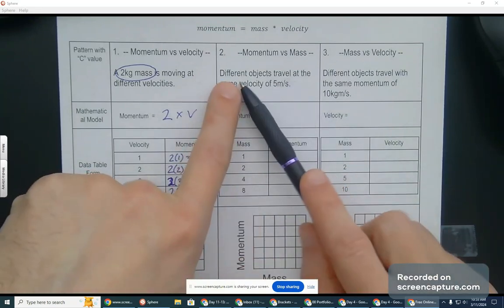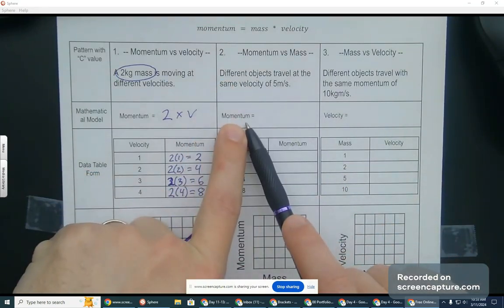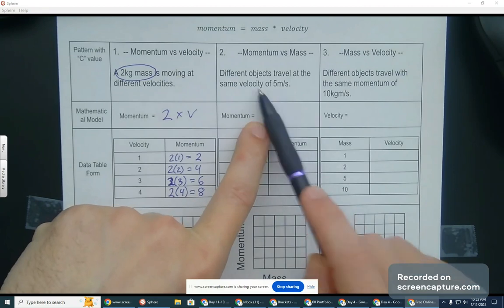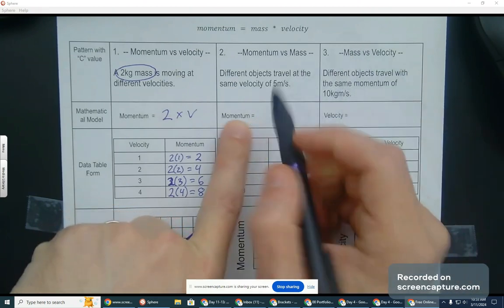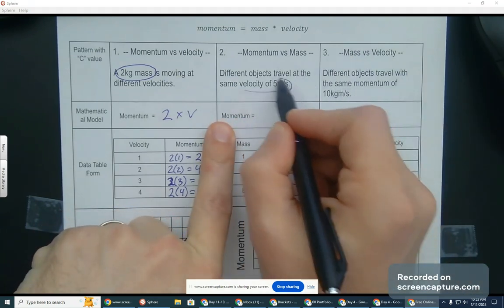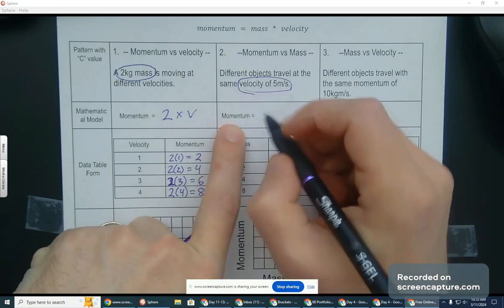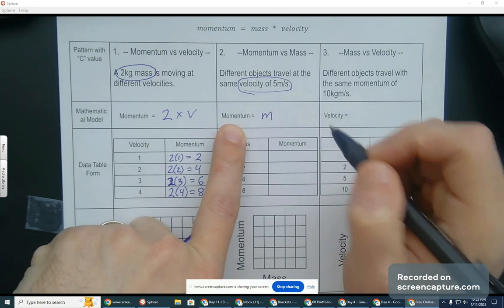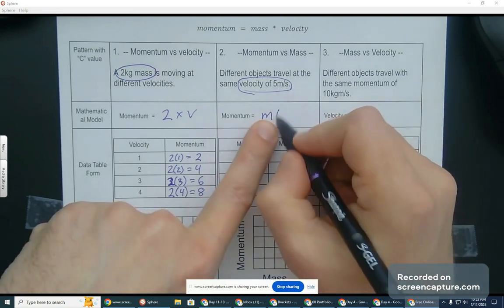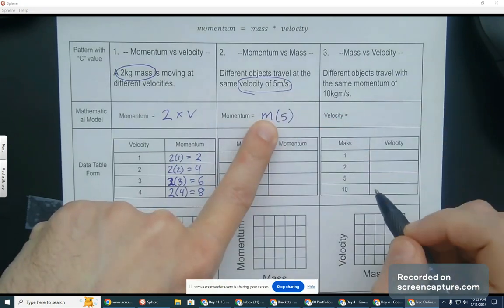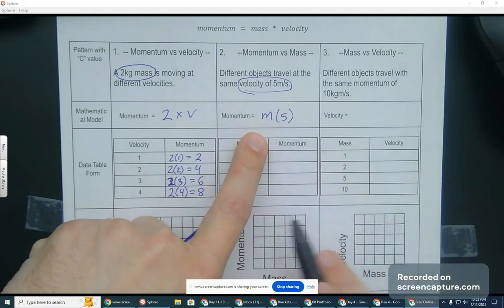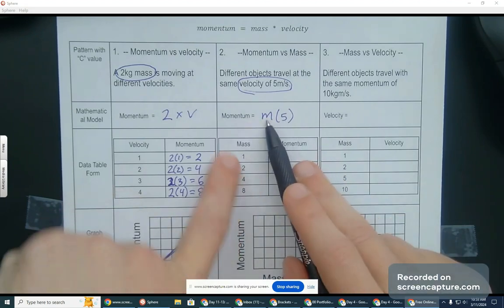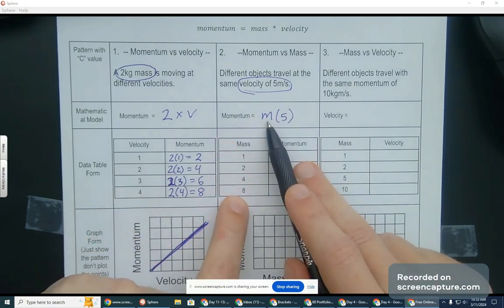Similarly, for our next one, again, momentum equals mass times velocity, but this time we don't know what the mass is. We know what the velocity is. So I'm going to leave mass here, and I'm just going to put an M for mass. And then velocity is 5. So this time our 5 is going to stay the same, but our M, our mass, is going to be changing.